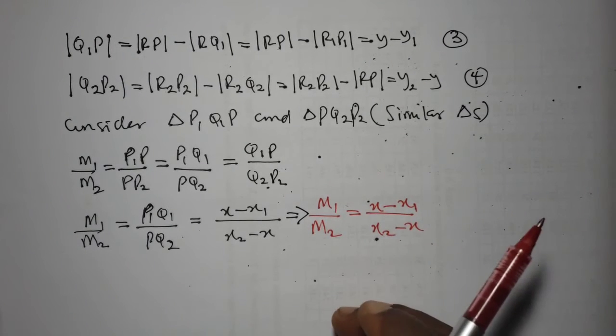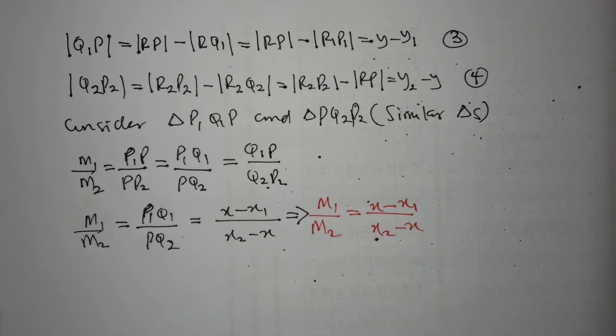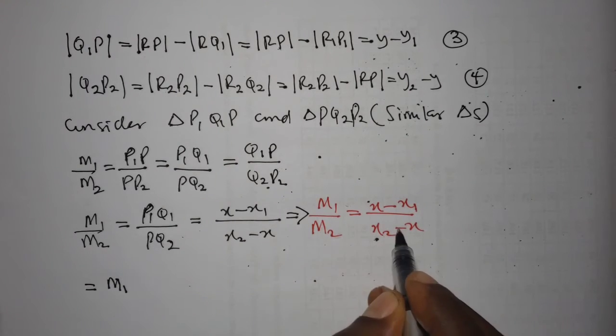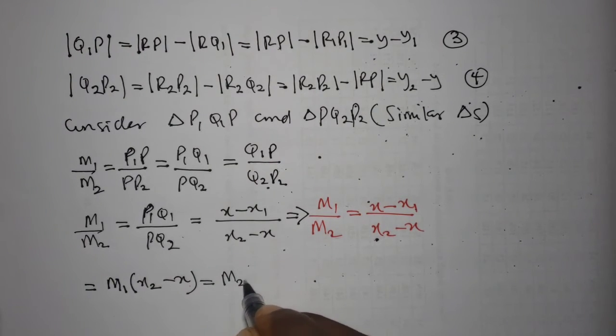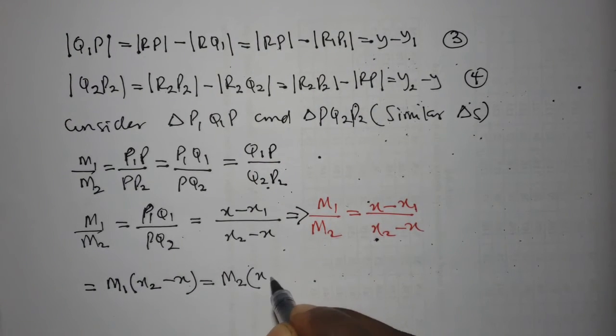I will now work with this. If we do our cross multiplication here, we will now have M1 into x2 minus x equal to M2 into x minus x1.